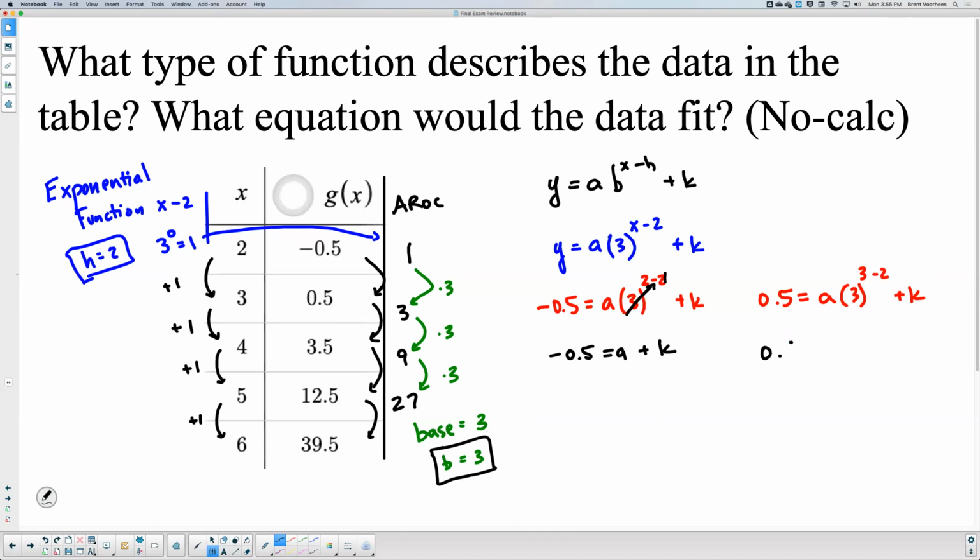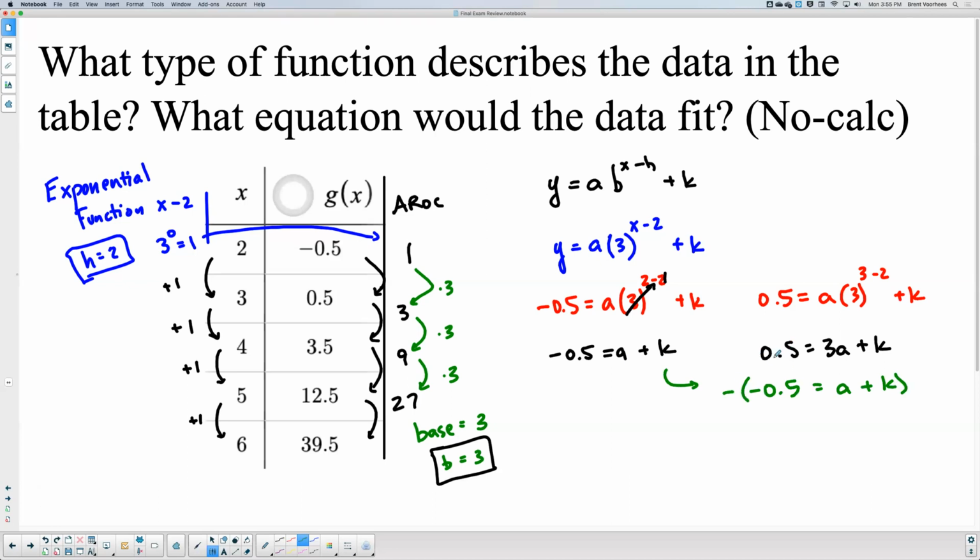So it'll be 0.5 equals 3a, since 3 to the power of 1 is 3, plus k. Now what I'm going to do is subtract these two equations from one another. I'm going to take this equation and subtract this. So I have the negative 0.5 equals a plus k. I'm taking this equation right there, but I'm going to subtract it.